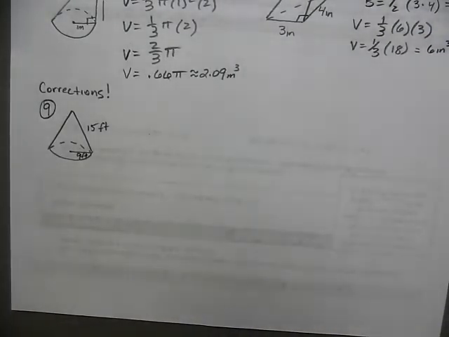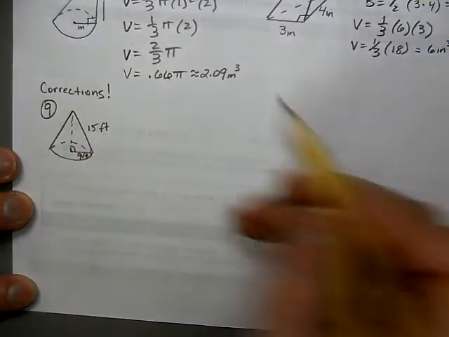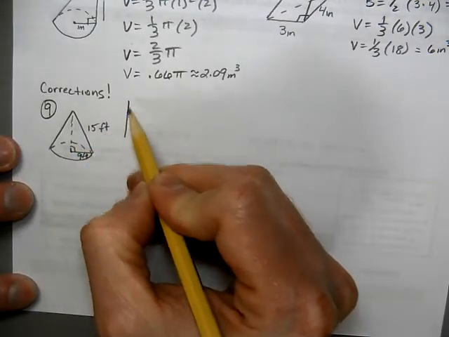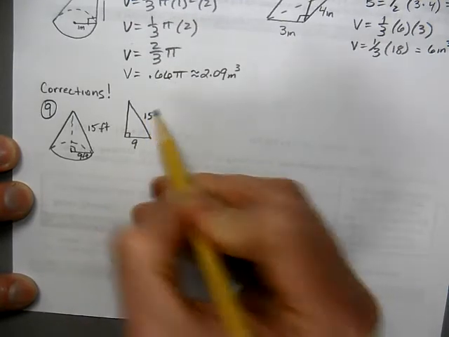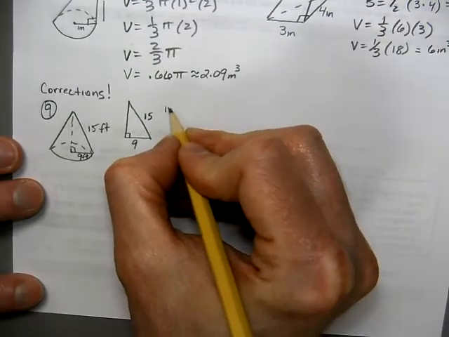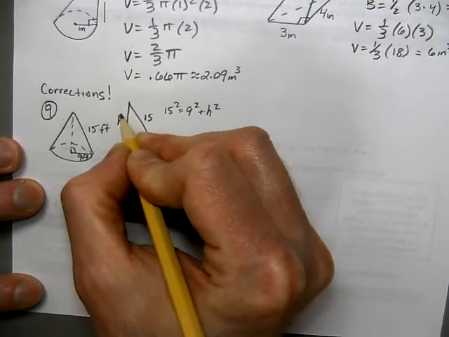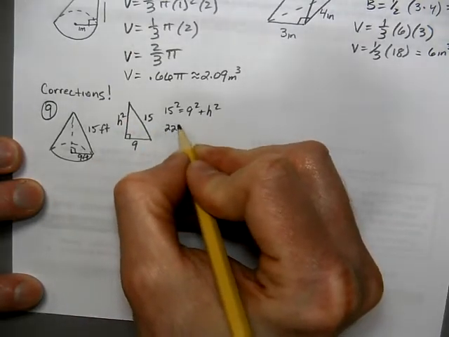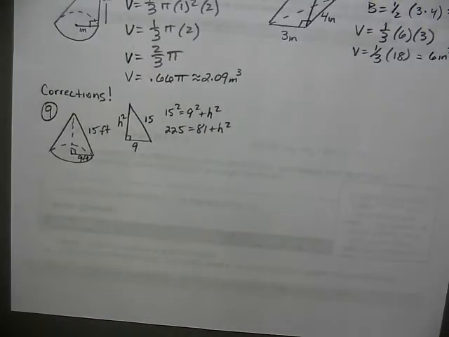So with number 9, what they've pointed out for the height of this cone, they've used 15. We're not going to use 15 because that's not the perpendicular height. We need to figure out the height that goes this way. So we've got to use the Pythagorean theorem. 15 squared equals 9 squared plus h squared. 225 equals 81 plus h squared.